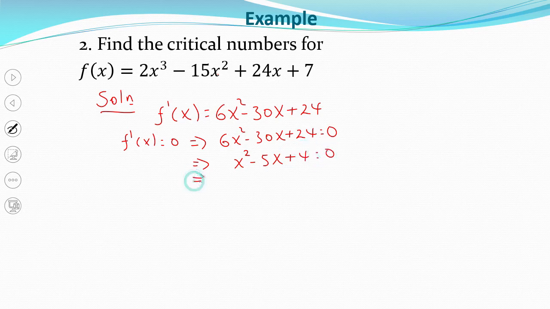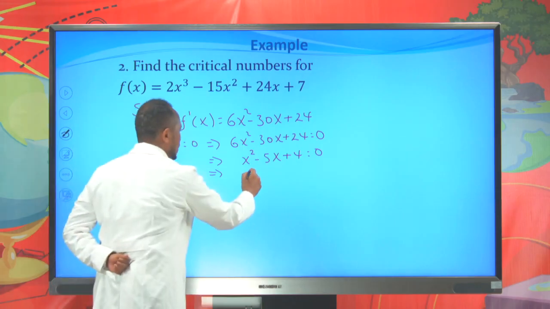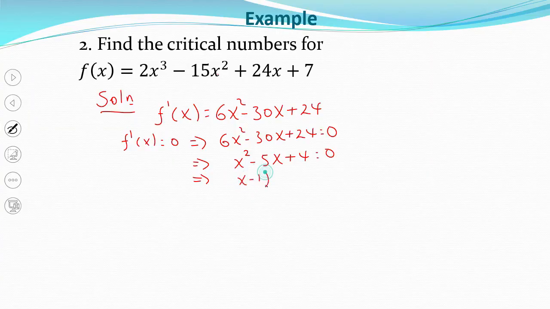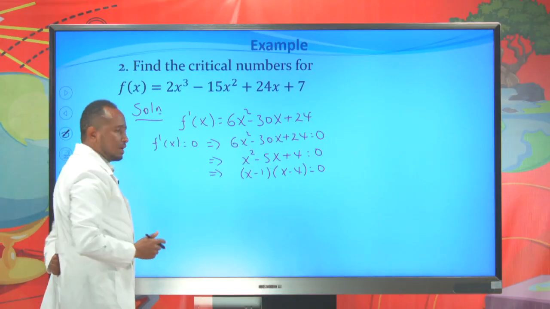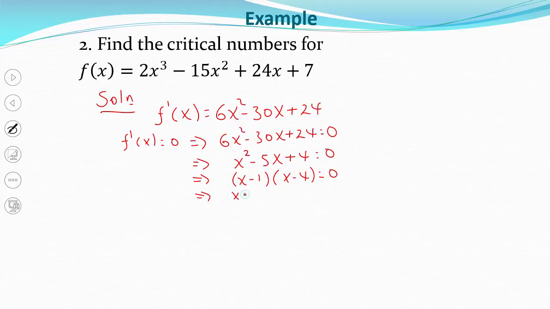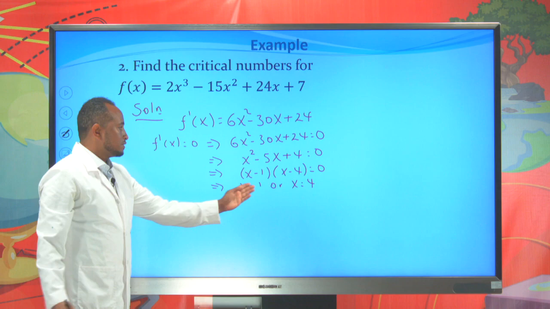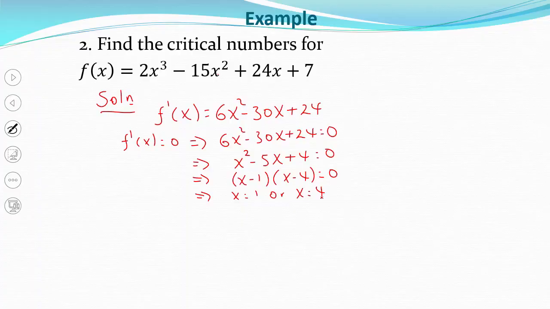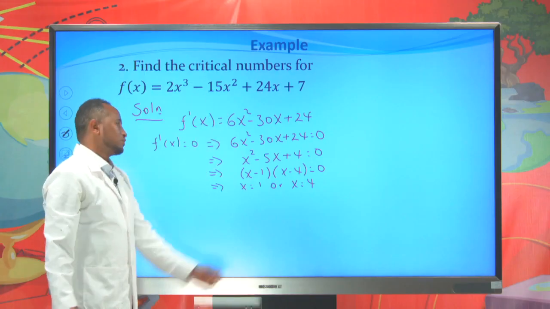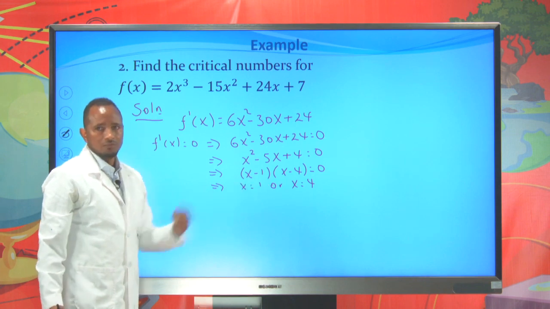Factoring this, you get x minus 1 times x minus 4 equal to 0. So the derivative of our function will be 0 at x equals 1 or at x equals 4. Since the derivative is 0 at these two points and these points are in the domain of our function, the critical numbers are 1 and 4.